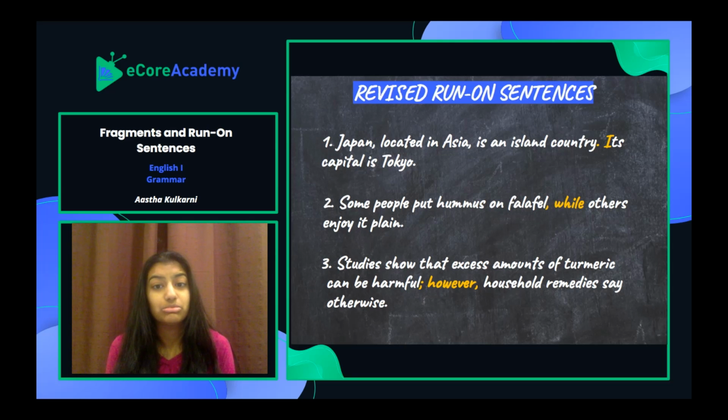So now the sentence would be, studies show that excess amounts of turmeric can be harmful, however, household remedies say otherwise. And now we have two sentences that make sense rather than our kind of lengthy rambling sentence from before. And now these run-on sentences are just regular sentences.